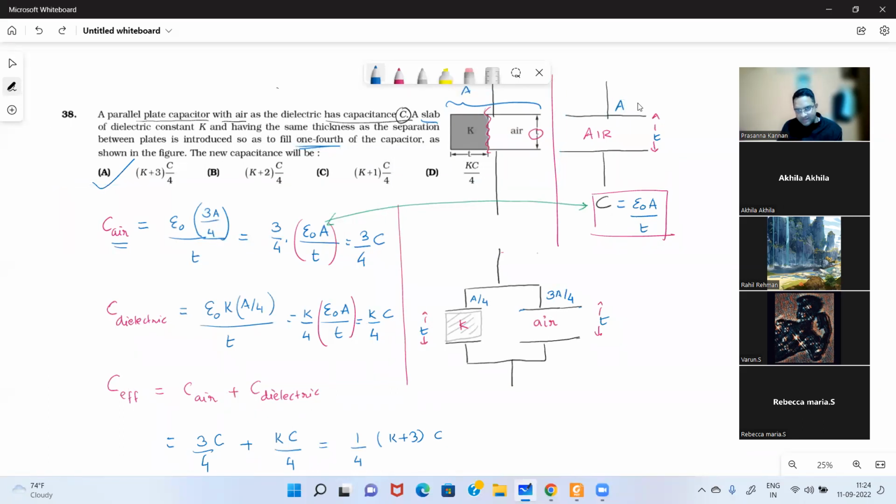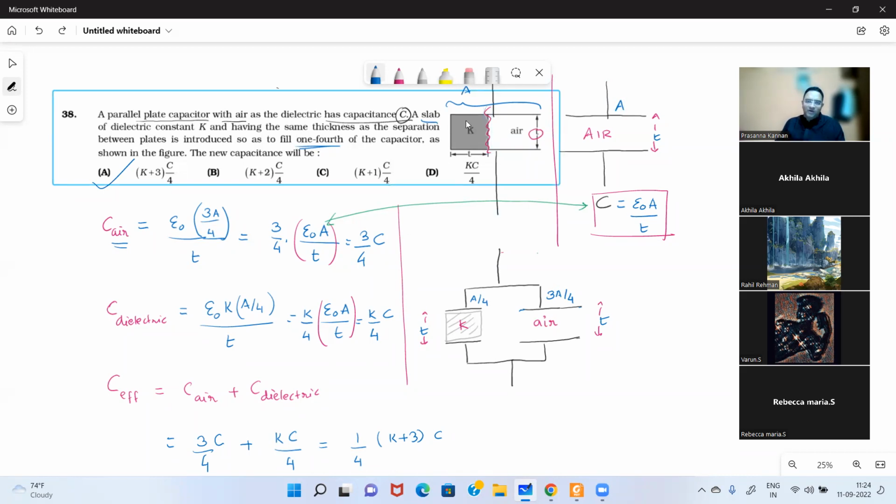So if the capacitor has area A, then the dielectric portion is only going to occupy 1/4 of A. That means I have drawn it here, A by 4. So air will be the remaining part, which is 3A by 4. Now I have split it like this and shown it clearly for you how this capacitor behaves. It behaves like these two capacitors connected in parallel. Are you able to understand this?